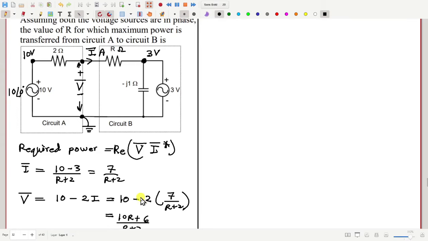So then power will be just the product of this current and voltage, 7 by R plus 2 into 10 R plus 6 by R plus 2, so R plus 2 square.